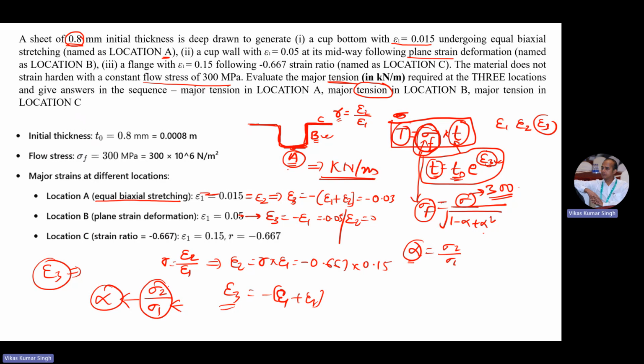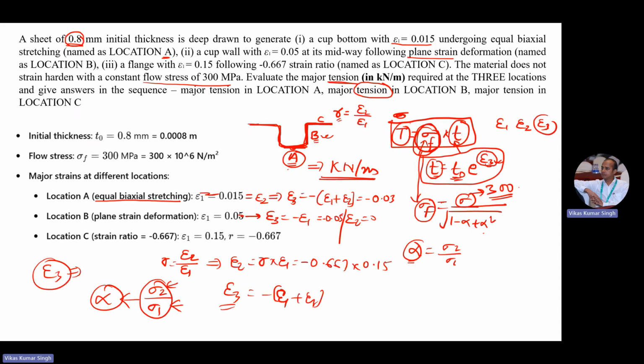So to get the alpha value, we are now coming to calculate it. Here alpha at location 1, what is the alpha? At location 1, it is given what?